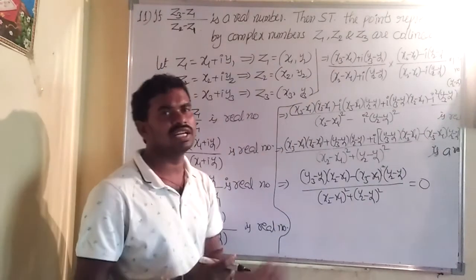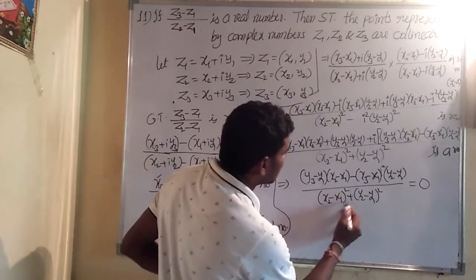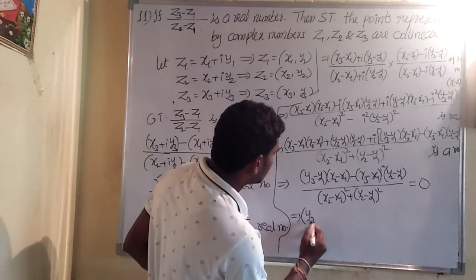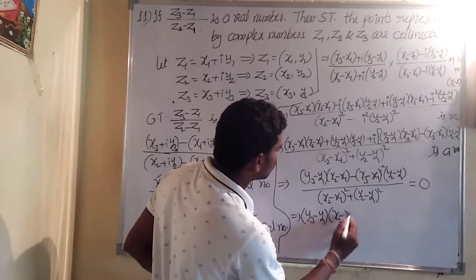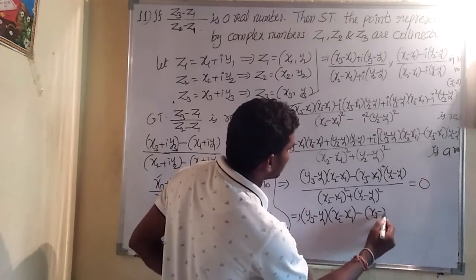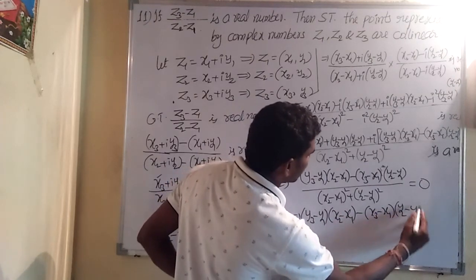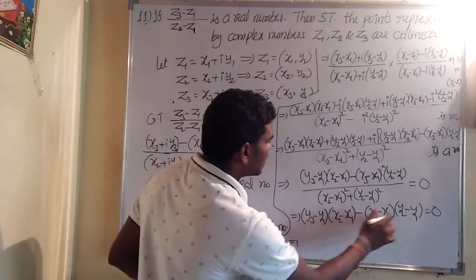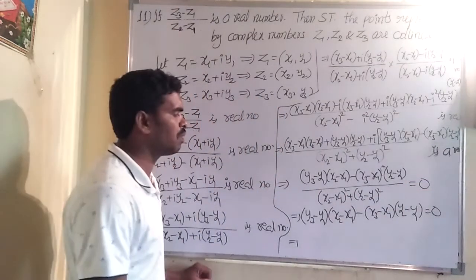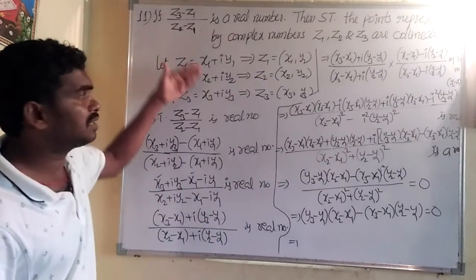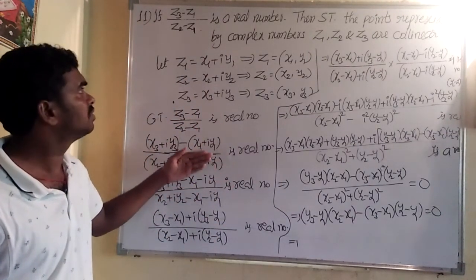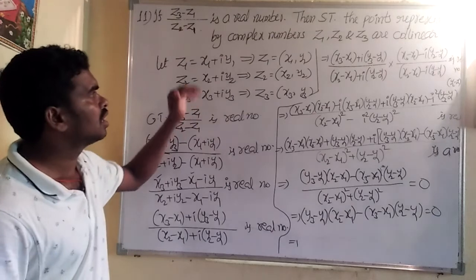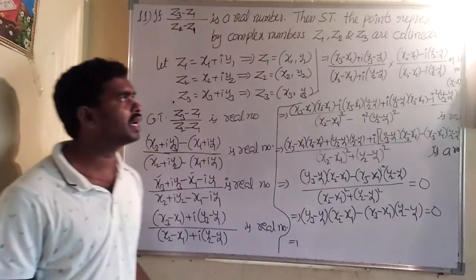After simplifying we can say collinear. The denominator goes to the right side and becomes 0. So (y3 minus y1) into (x2 minus x1) minus (x3 minus x1) into (y2 minus y1) is equal to 0. In the next step, send the minus term to the right side, and it becomes positive. Is it clear? Once again, Z1, Z2, Z3 are three complex numbers and finally we have to show they are collinear.